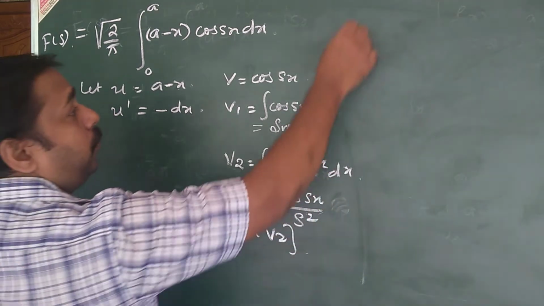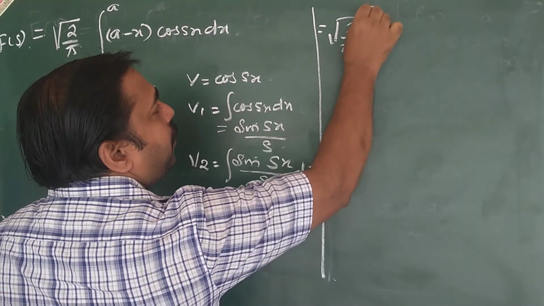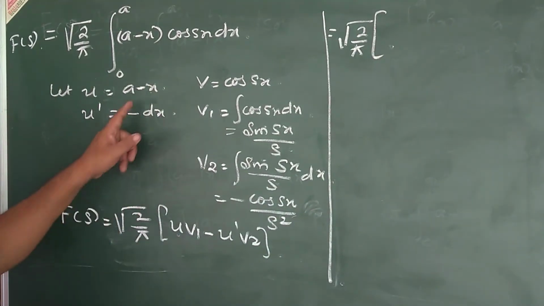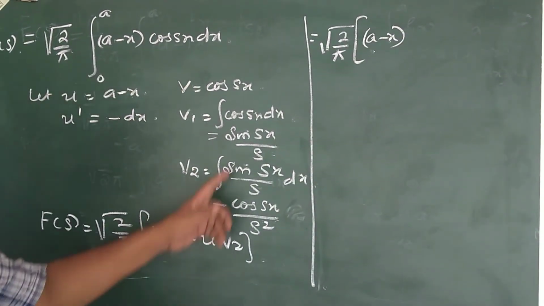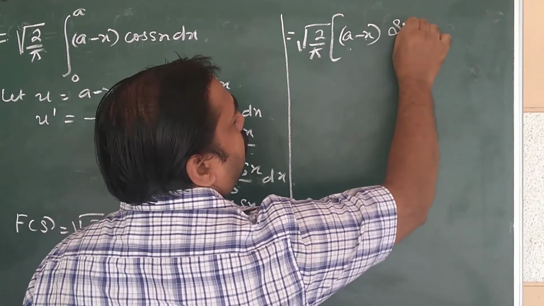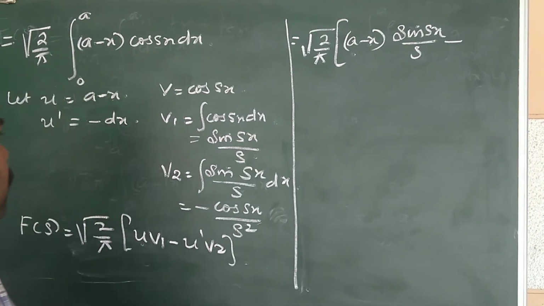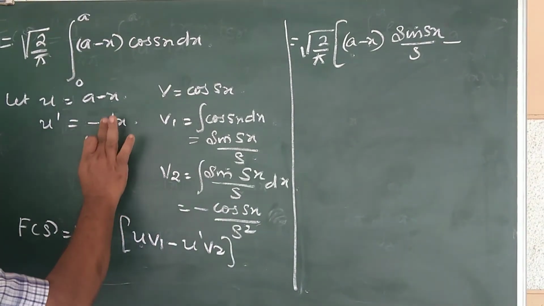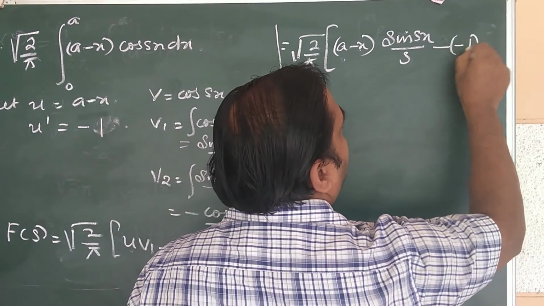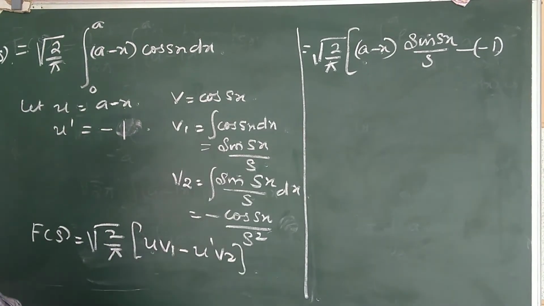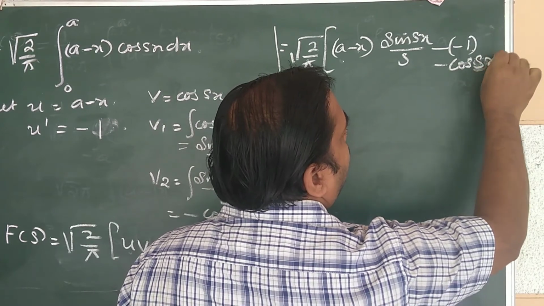So that is root of 2 by pi, u is equal to a minus x, then v1 is equal to sin sx by s, minus u dash, that is 1, then v2, that is minus cos sx by s square.